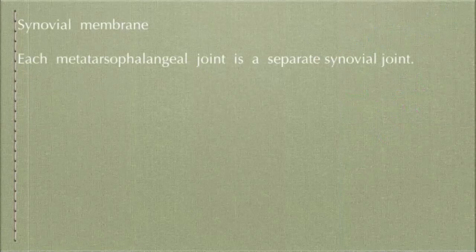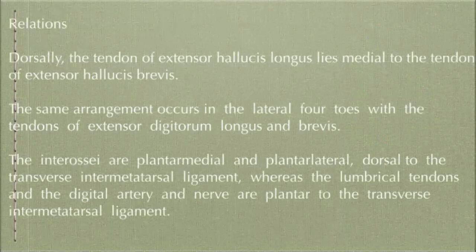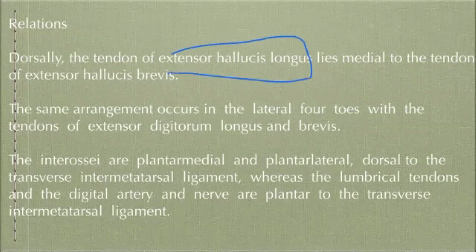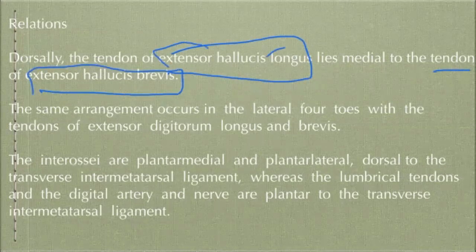Coming to the synovial membrane, each metatarsophalangeal joint has a separate synovial cavity. Relations: dorsally, the tendon of extensor hallucis longus, medial to the tendon of extensor hallucis brevis, right? Because hallucis is medial. The same arrangement occurs in the lateral four toes with the extensor digitorum longus and brevis.